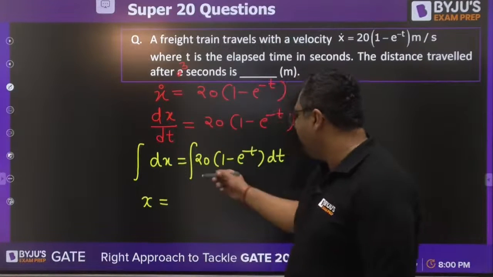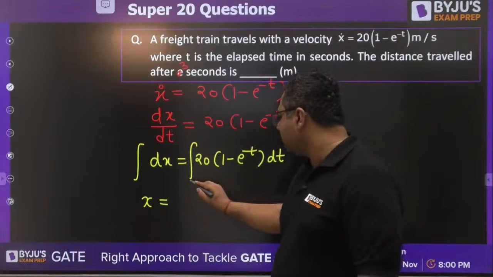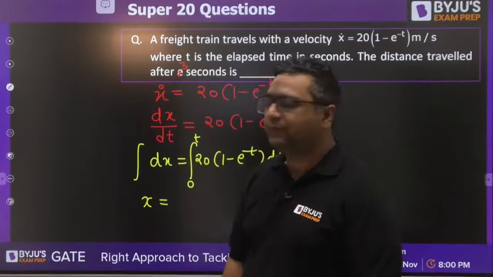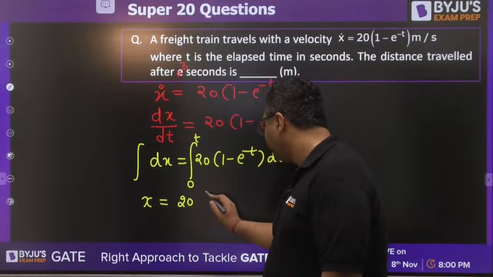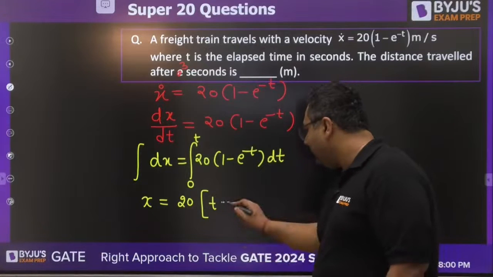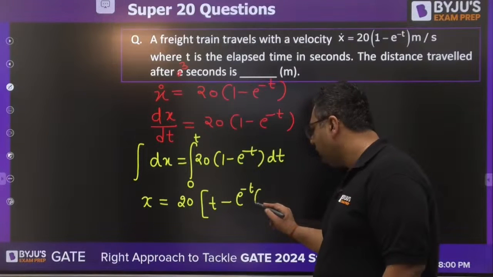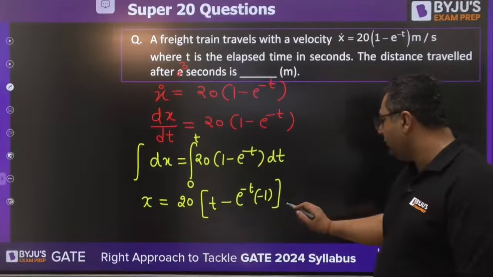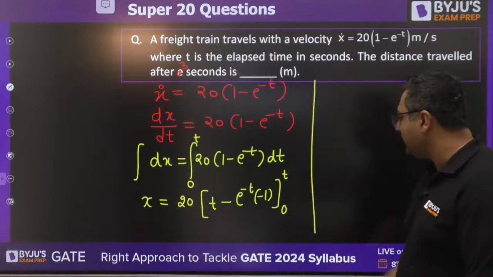Since it is asking for 3 seconds, first we take the limits 0 to t, then at the end we put t equals 3. The 20 comes out as a constant, the integration of 1 is t, and the integration of e to the power minus t is e to the power minus t into minus 1. This is from 0 to t. Now you can put the limits 0 to t, where t equals 3 seconds.